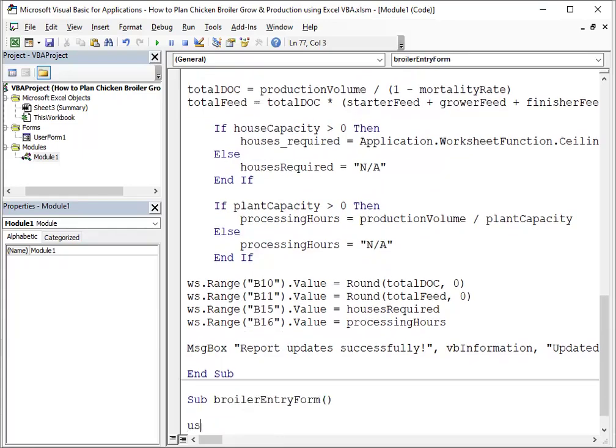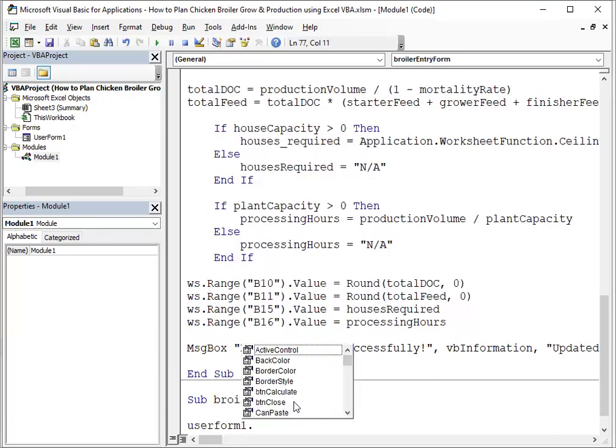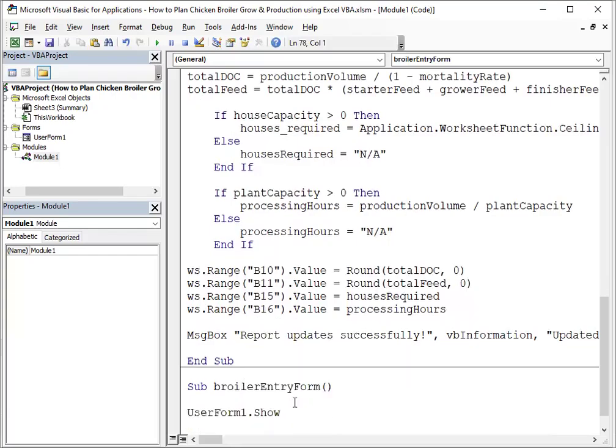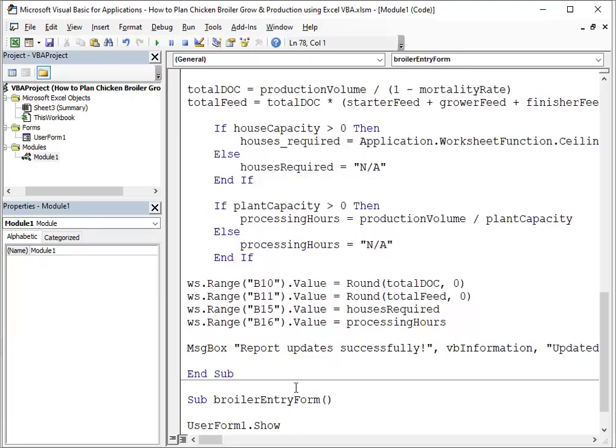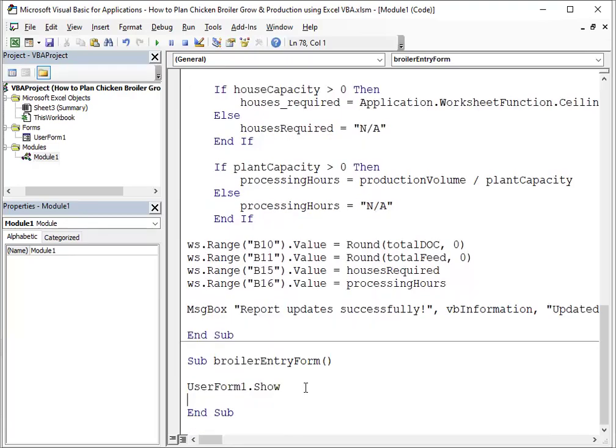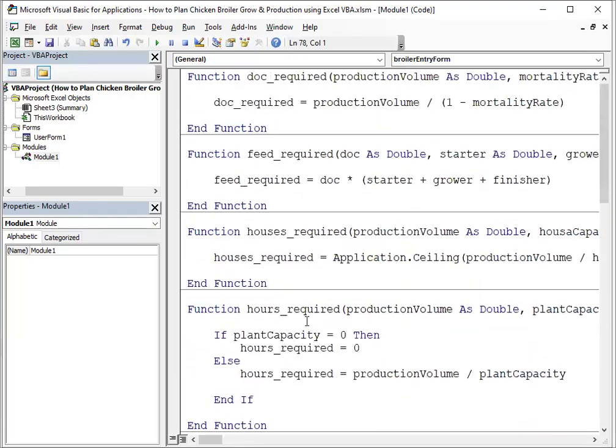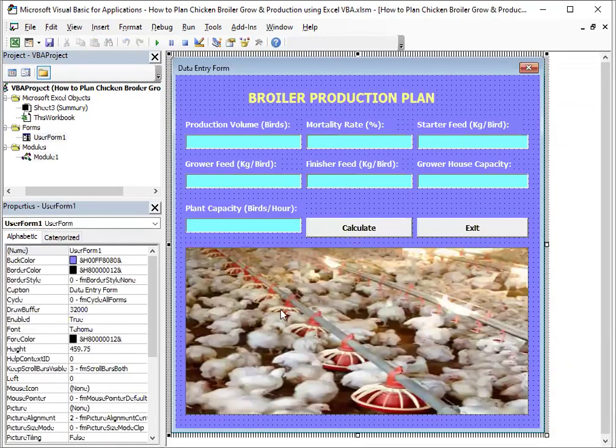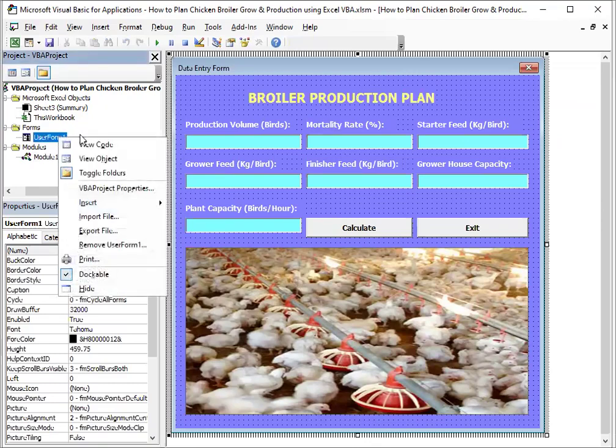Just say UserForm1, since there's only one user form. We're just going to show it, and then End Sub. That's it for our Module 1. And the next one would be the user form.